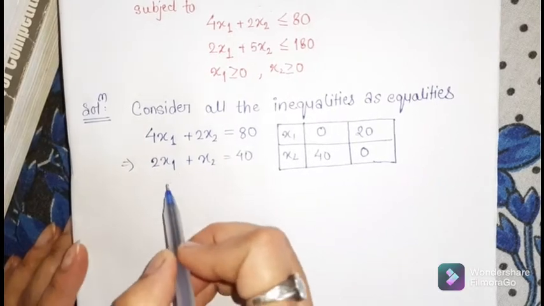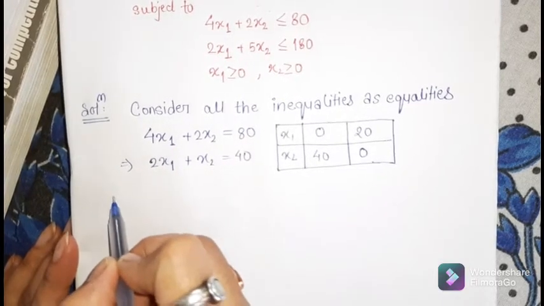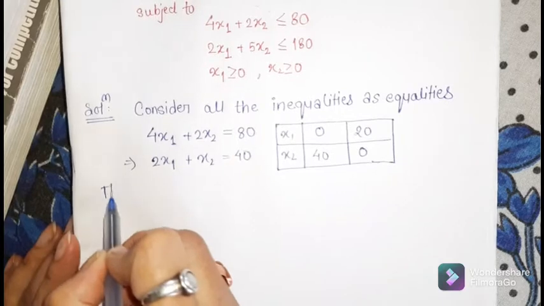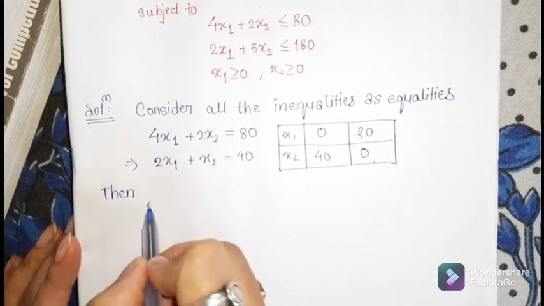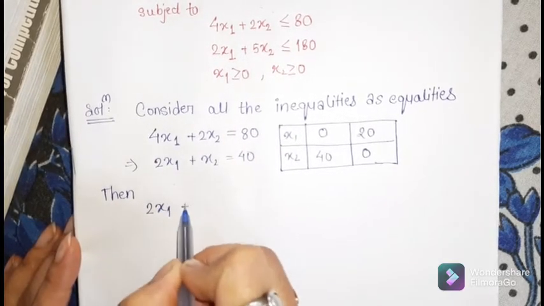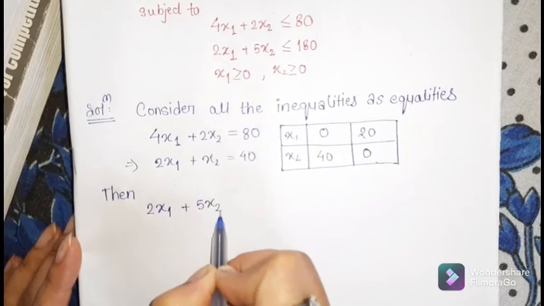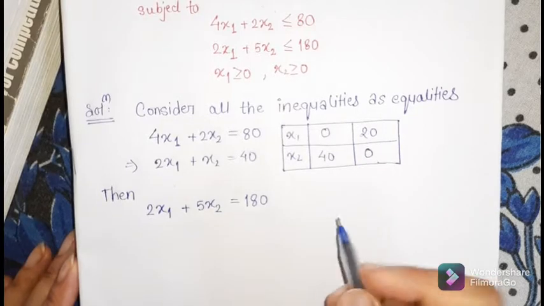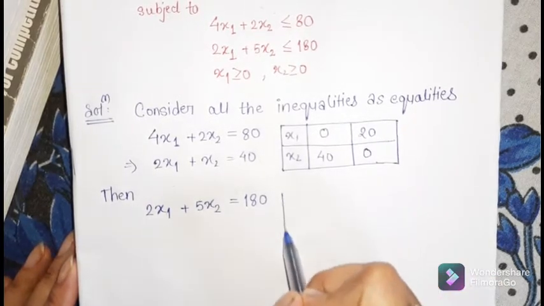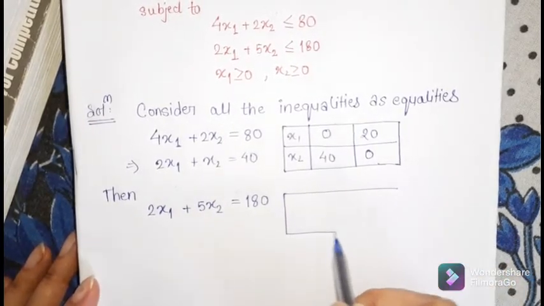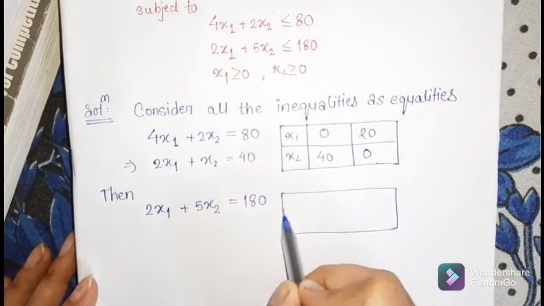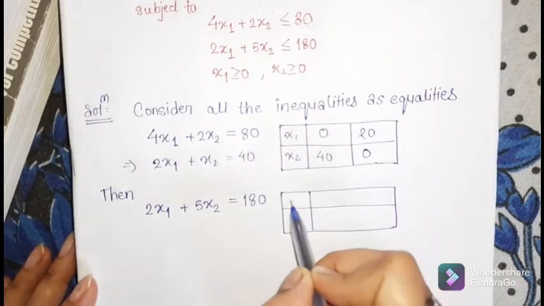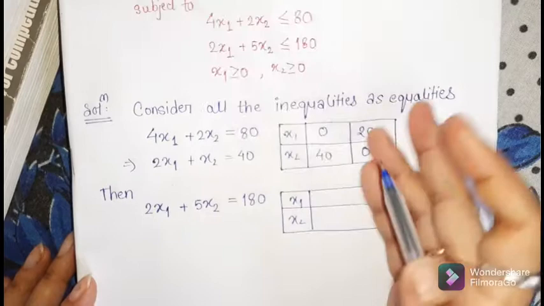Then our next constraint is 2x1 plus 5x2 equals 180. This is our second constraint. Now again we solve it this way for x1 and x2.